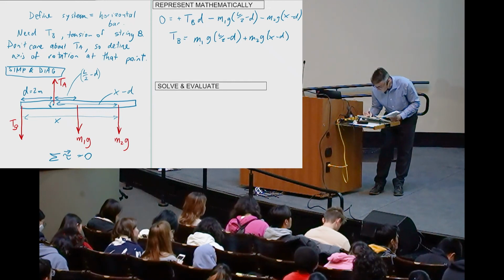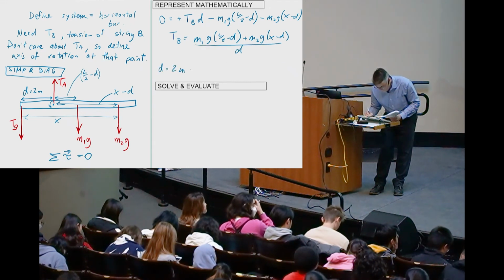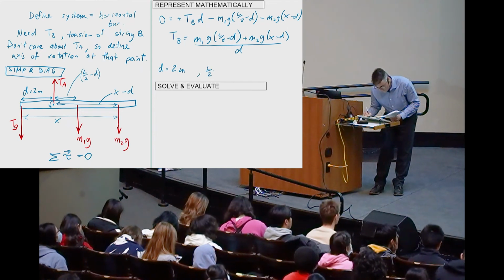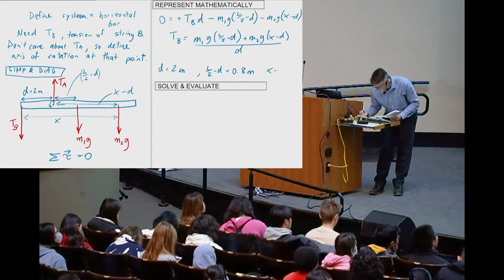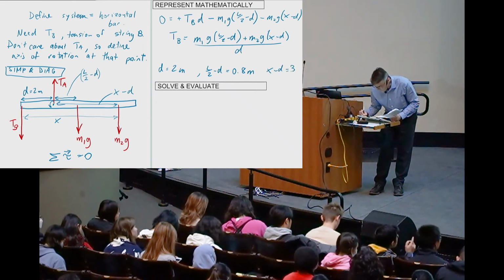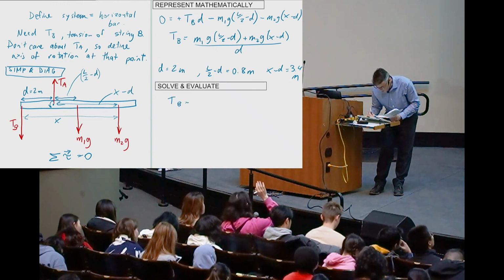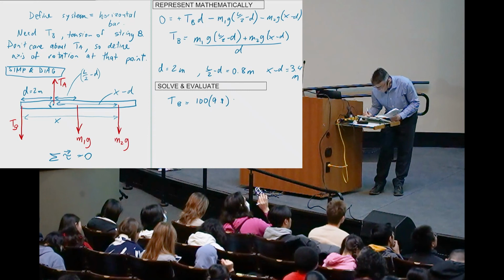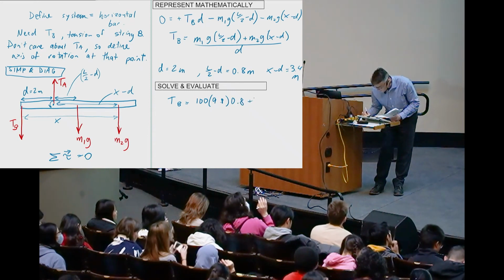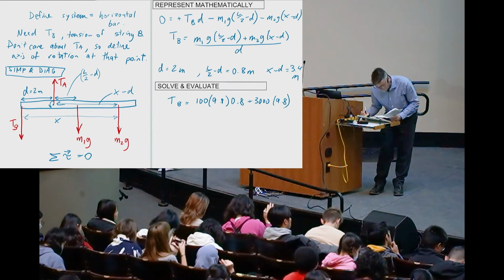I think we have numbers for all these things now. D is 2 meters. L over 2 minus D is 0.8 meters. And X minus D is 3.4 meters from the data we were given. So TB is just equal to 100 times 9.8 times 0.8 plus 3,000 times 9.8 times 3.4.